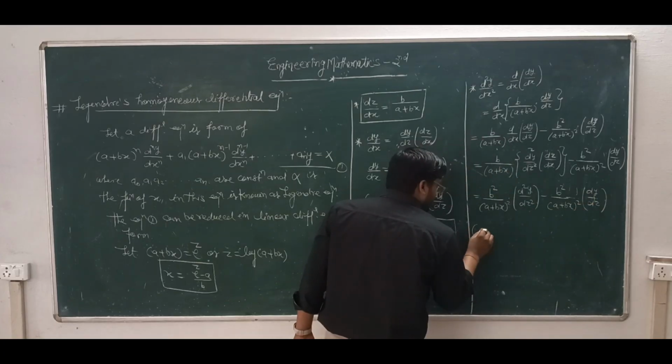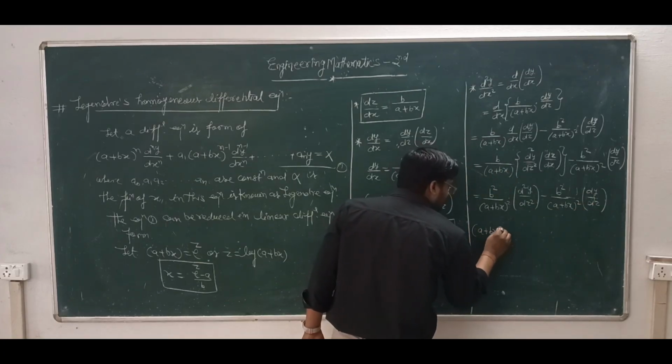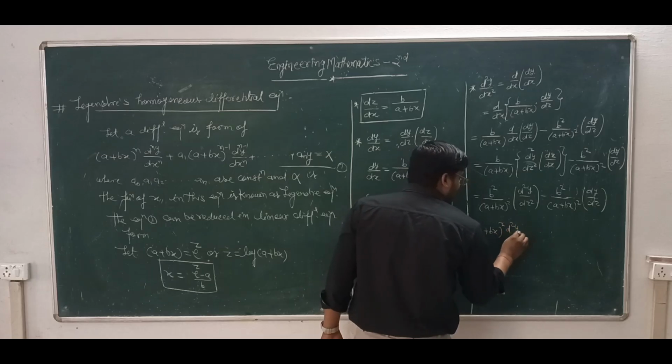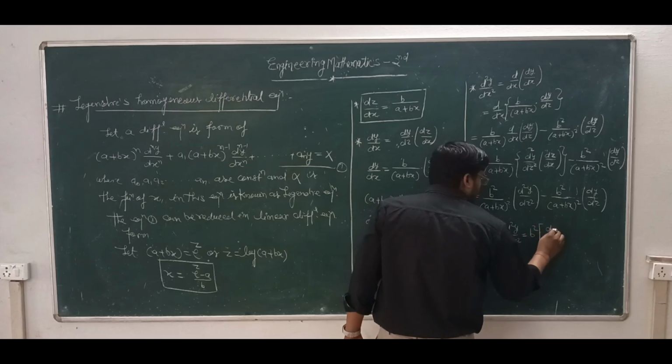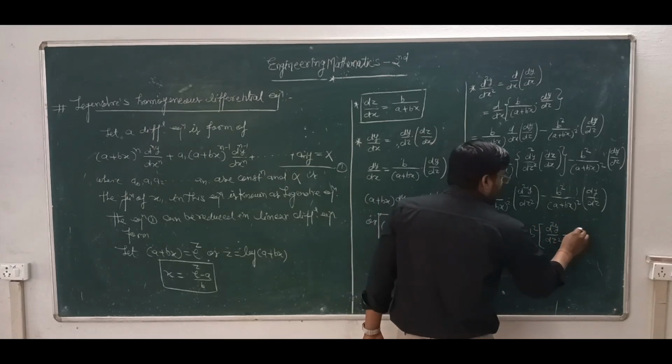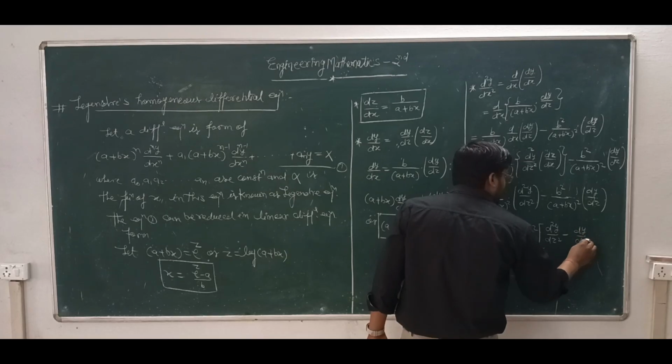Now you can write (a plus bx) to the power 2 d2y by dx2 is equal to b square (d2y by dz2 minus dy by dz).